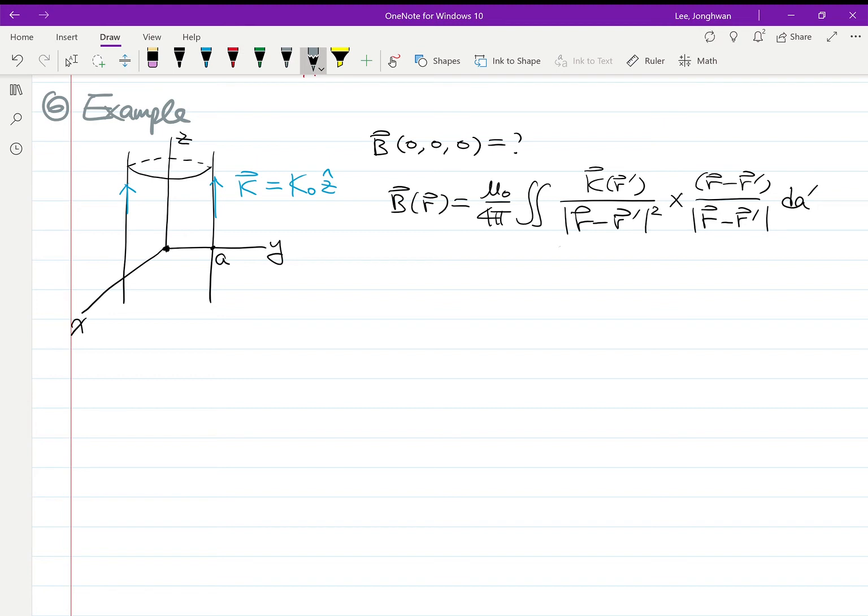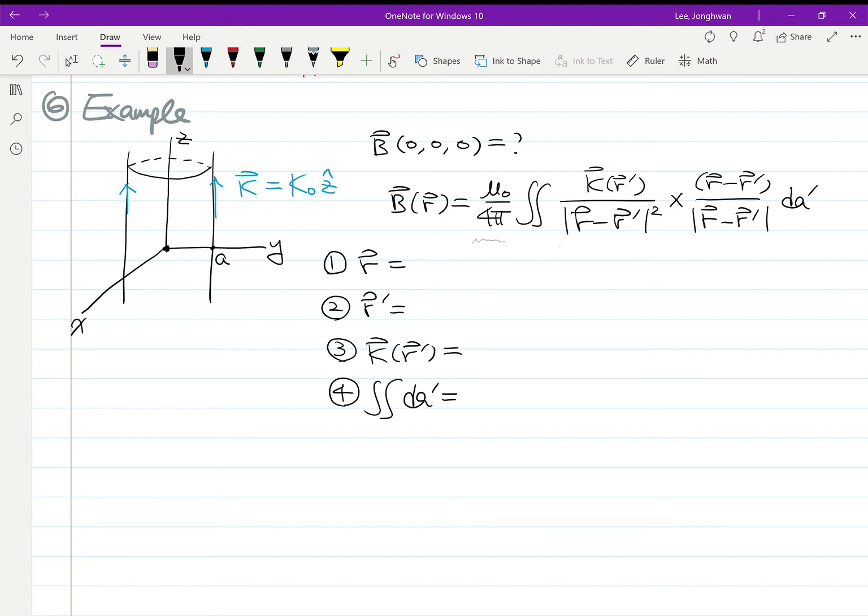Okay, so this mu naught over 4 pi is just a constant. So you have to find what is r, what is r prime, what is K at that source position r prime, and what should be the integral range. You have to find them one by one, and then you can plug them into the equation, do the math, and it will give you the answer.